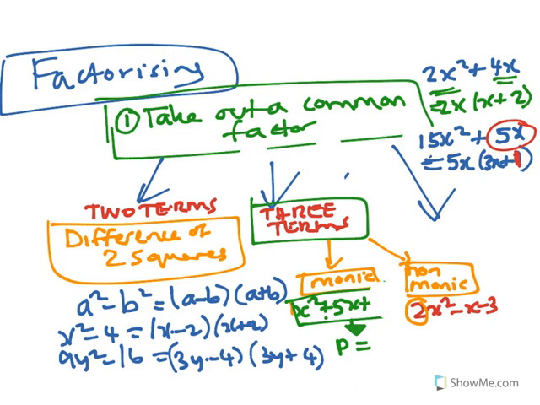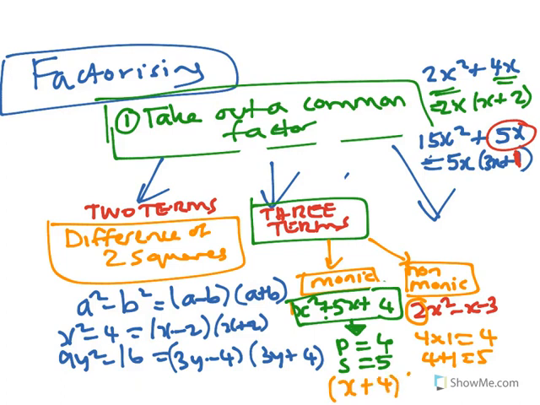Let's go 4. Multiply to give 4, but we have to get a sum of 5. The factors of 4 are 4 and 1, and 4 plus 1 gives you 5. So that means it will be x plus 4, x plus 1. That's where we're at the moment, okay?